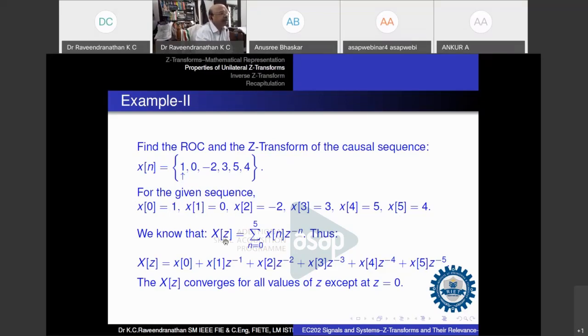We apply this summation and you get the x of z. And the region of convergence is, it will converge for all values of z except z is equal to 0, because when z becomes 0, this becomes infinite.